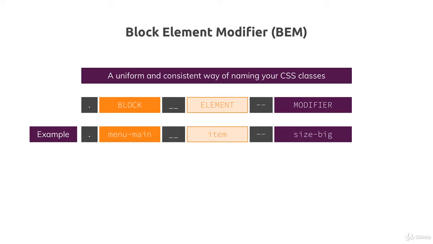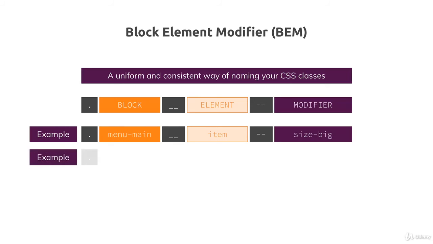The block here is our main menu, hence menu main. You could of course also name this main menu. We select a single item in that main menu, and we select the item which is very big, which should receive some special style because it's big. The last part, the modifier, kind of goes against this rule of not naming classes by style, but in the end this is not the entire class name. The whole thing here is the entire class name.